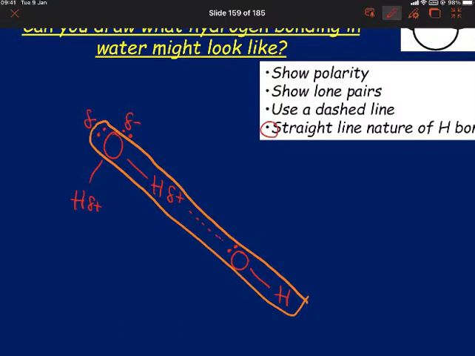If I was filling in this here, I'd still have my H's. I still need to put in my delta positive, delta negative, delta negative, delta positive. And that is showing you now the hydrogen bond. This little dashed line here is the actual hydrogen bond. There'd obviously be another one if you so wished, coming up here, a dashed line.